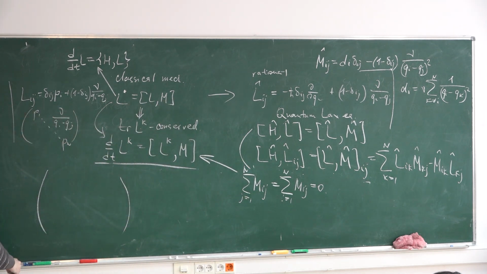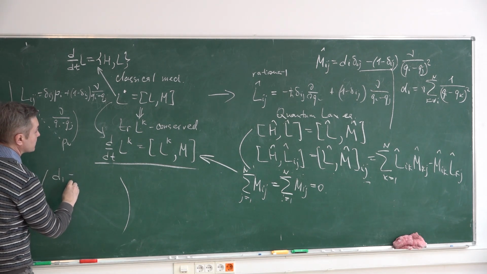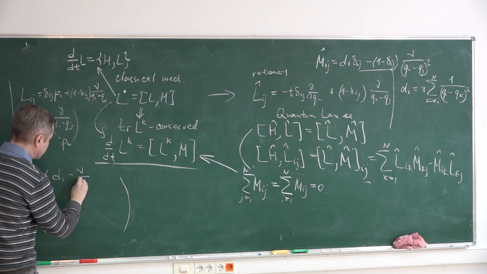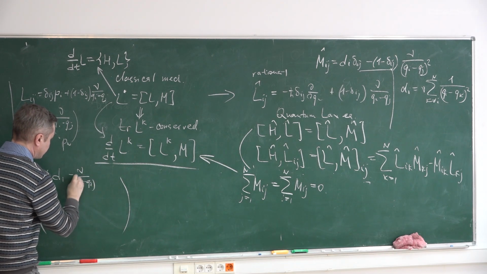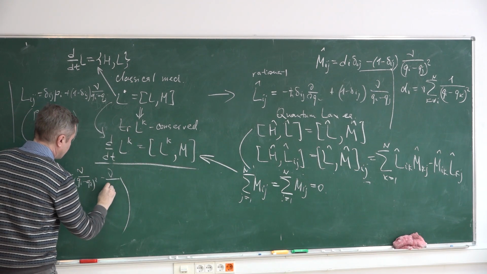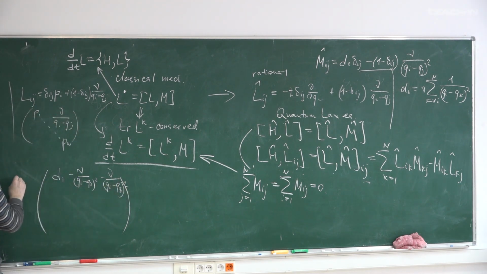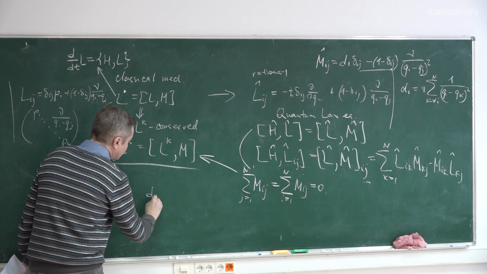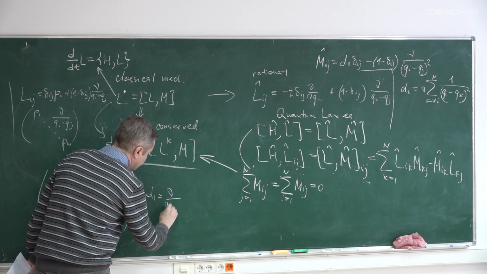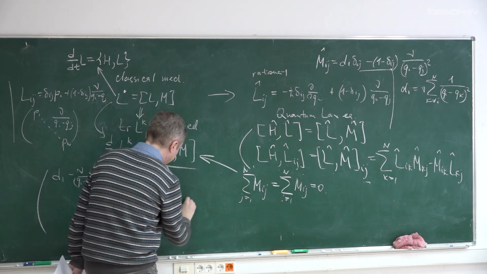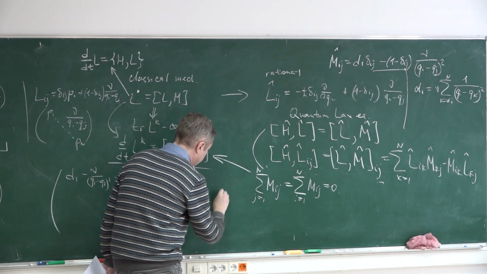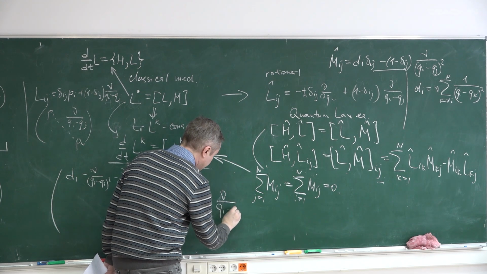The first row is d_1, minus nu over (q_1 minus q_2) squared, minus nu over (q_1 minus q_3) squared. This is a matrix in the 3 by 3 case, and this d_1 is exactly equal to nu over (q_1 minus q_2) squared plus nu over (q_1 minus q_3) squared.